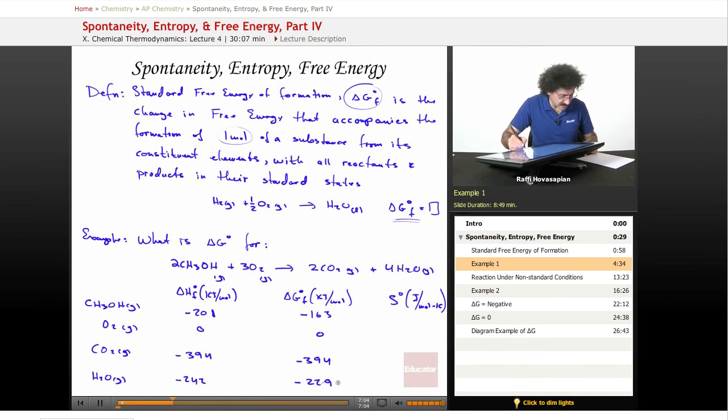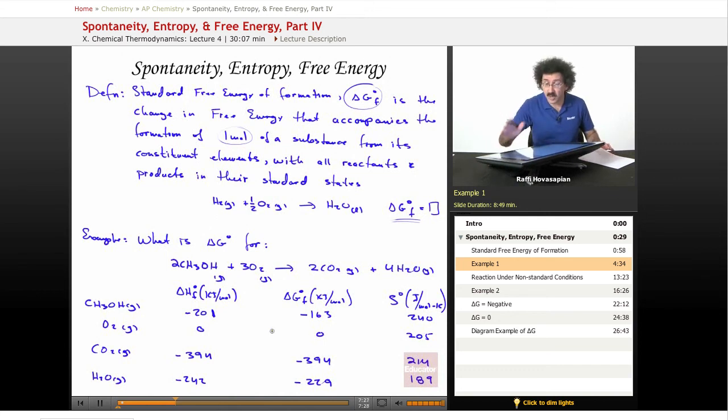Minus 229, and then we have 240, 205, 214, and 189. The entropy of an element is not 0. Oxygen gas is a disordered system. There are a lot of particles of gas. 205, that's a lot of entropy. So it's not 0.